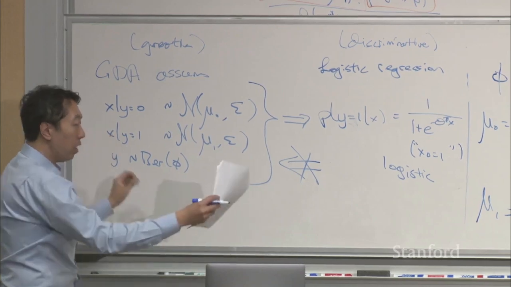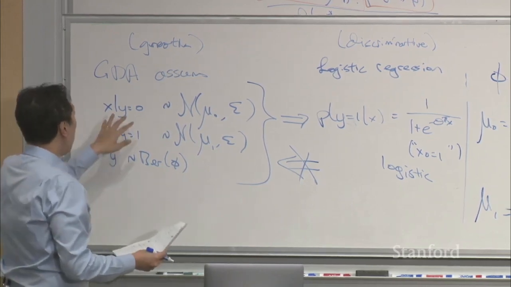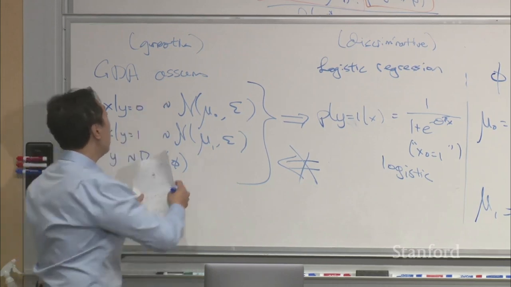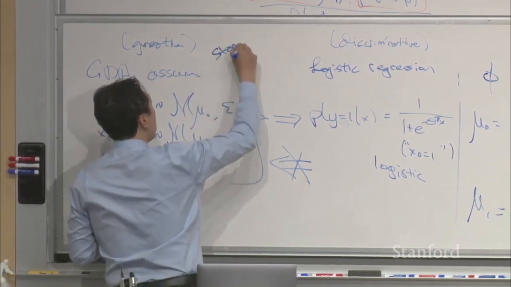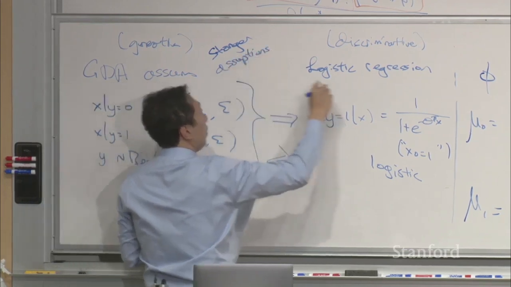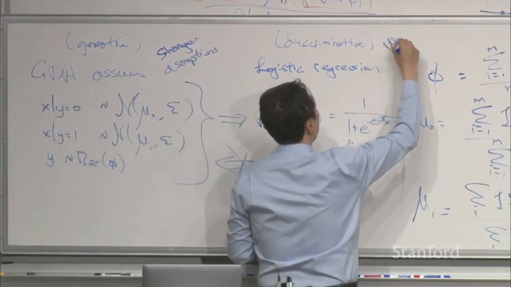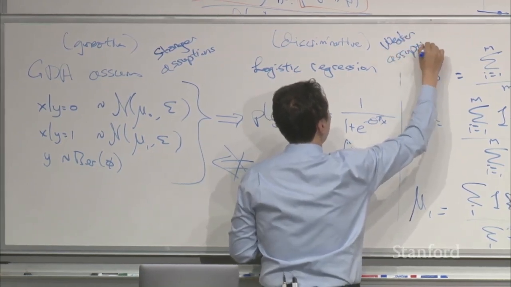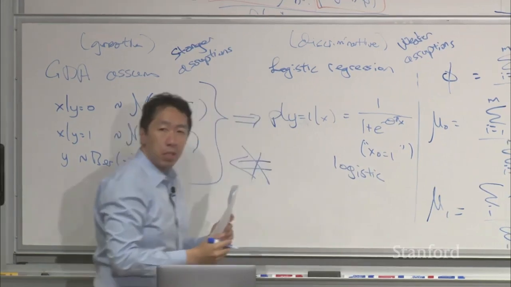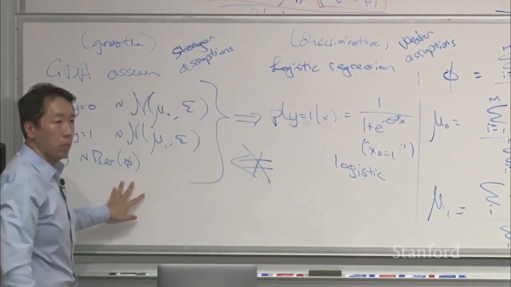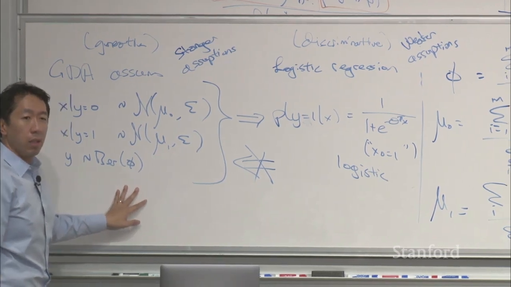Right? So what this means is that GDA, the generative learning algorithm in this case, makes a stronger set of assumptions. And logistic regression makes a weaker set of assumptions, because you could prove these assumptions from those assumptions. Okay?